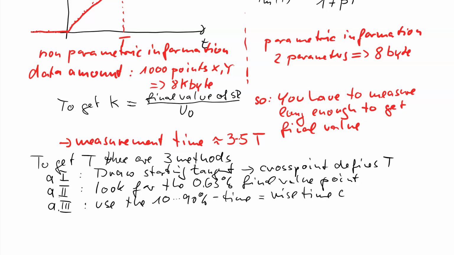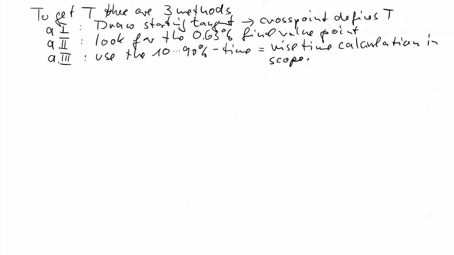Rise time calculation in scopes, digital scopes. Very often this is a mathematical algorithm behind your measurement. So the scope throws out the rise time, and the rise time is measured.